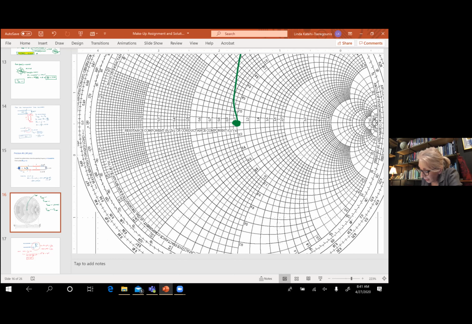This is the x-axis, if you remember. At this point, all of the admittances are 0. And so we have to find an admittance here, which is somewhere here.